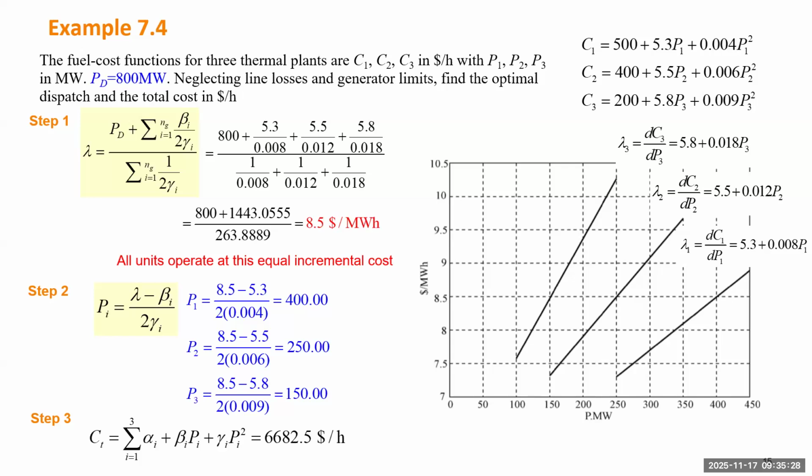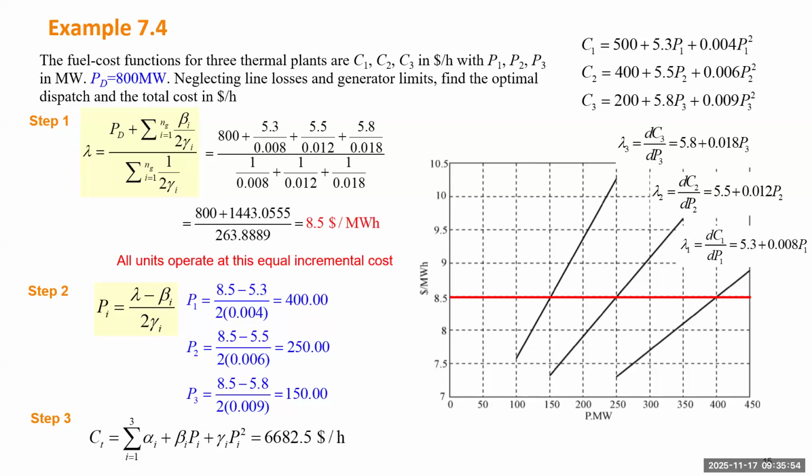So this is the cheapest unit, and this is a more expensive unit. But when the three units together power the same load of 800 megawatts, step number 1 determines a horizontal line. That is the price, $8.5 per megawatt hour. It intersects with those three lines, and they will operate at exactly the same price.